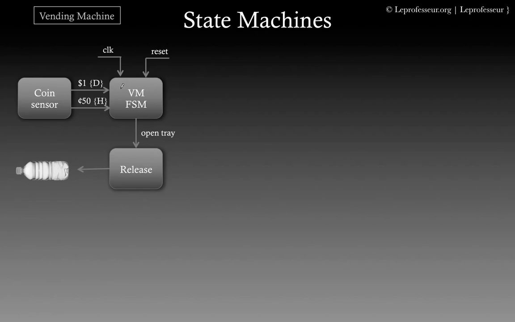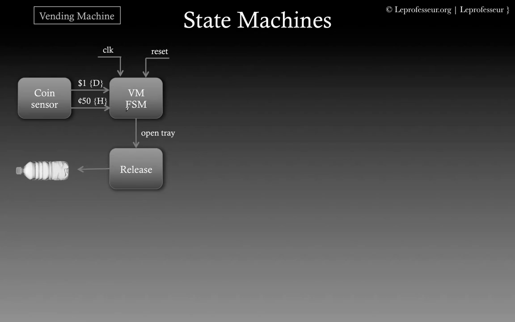We have to design this vending machine FSM, which takes clock, reset, and the $1 coin as input, which we represent by D, and half a dollar, 50 cents, which we represent by H. Once this machine receives $1.50, there is a mechanism to open up the tray and release the bottle of water for you.